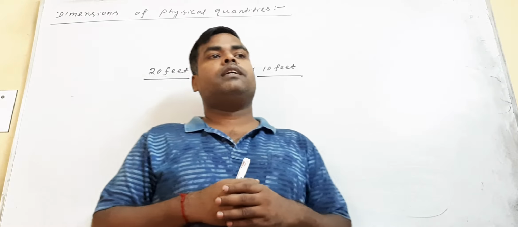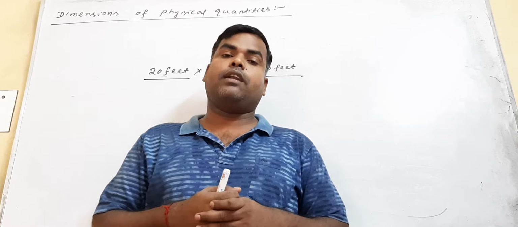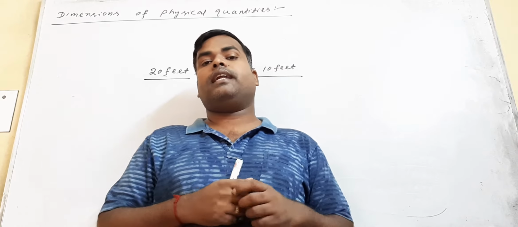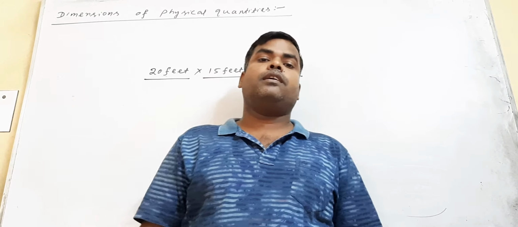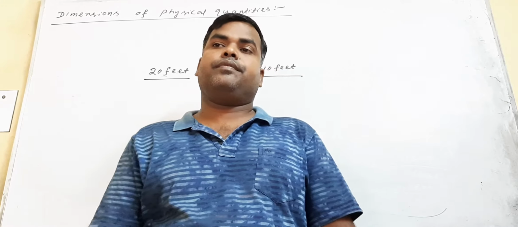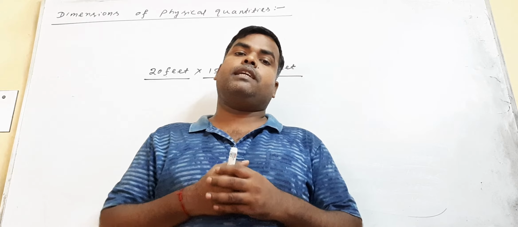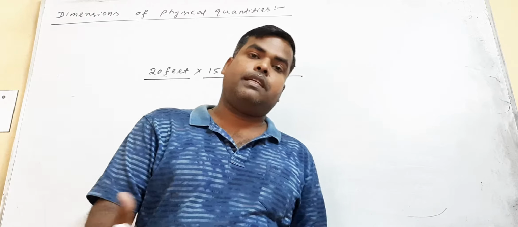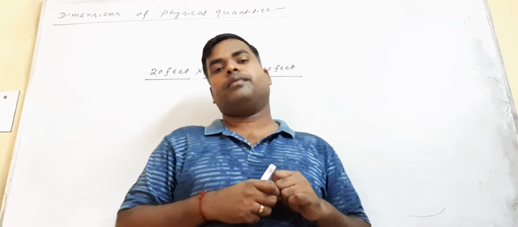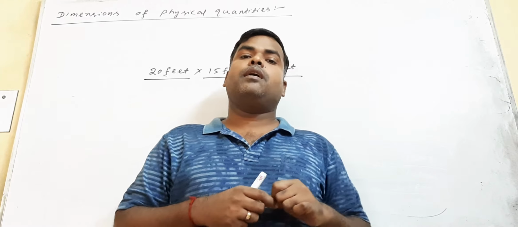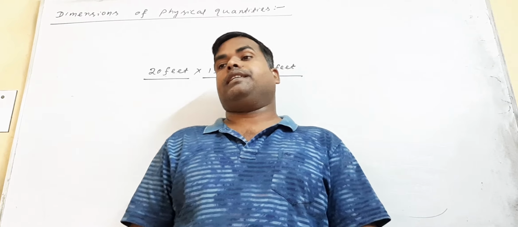we have 7 fundamental quantities and there are lots of derived quantities. That means all the physical quantities can be expressed in terms of these 7 fundamental quantities.